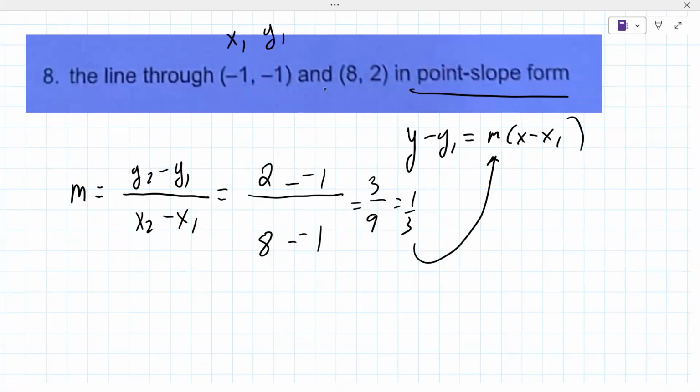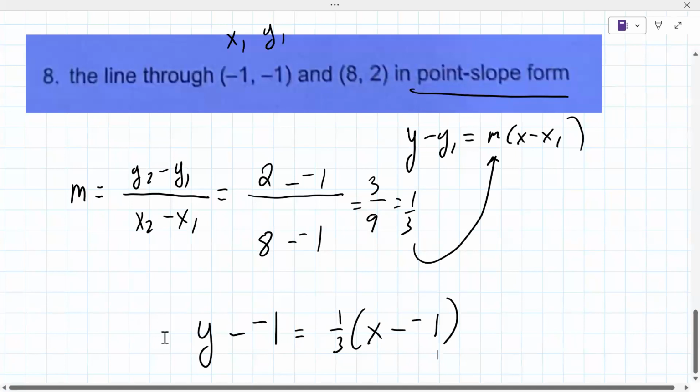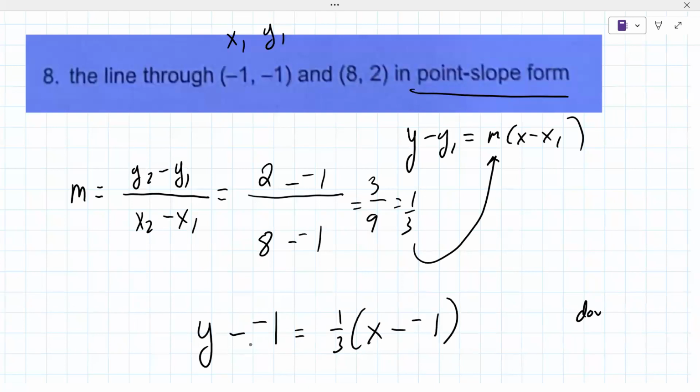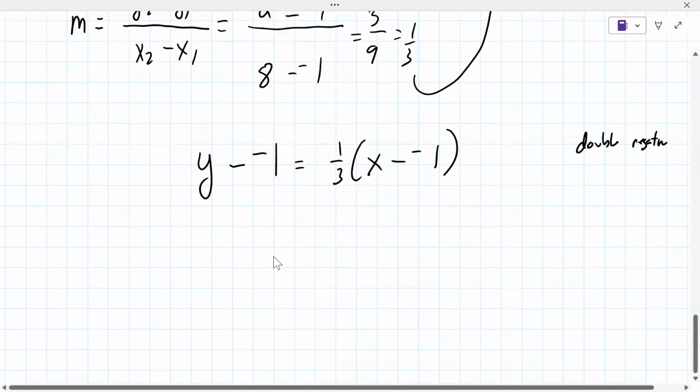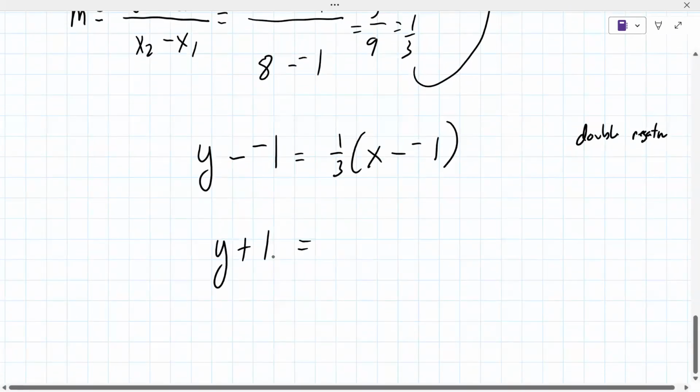Okay, so we're going to call it x1 and y1. So here's how that looks. y minus negative 1 equals 1/3 times x minus negative 1. As you write this down, I want you to really focus in on the fact that that subtraction operator is always there, but sometimes you get this double negative situation. And it just stays like that, well, we're not done now. We have to deal with the signs.